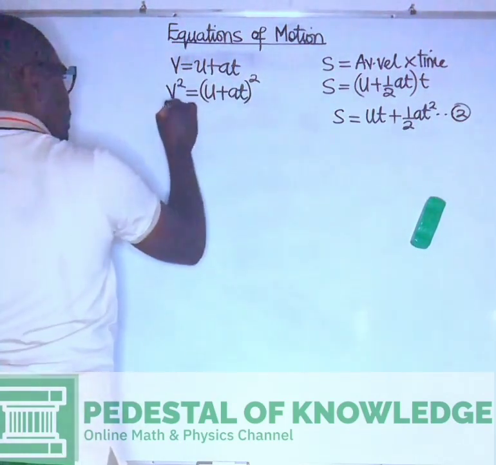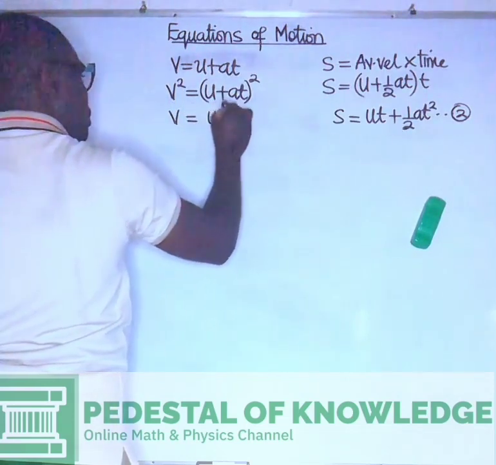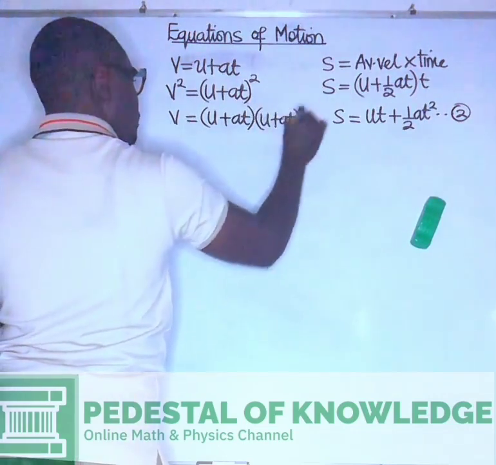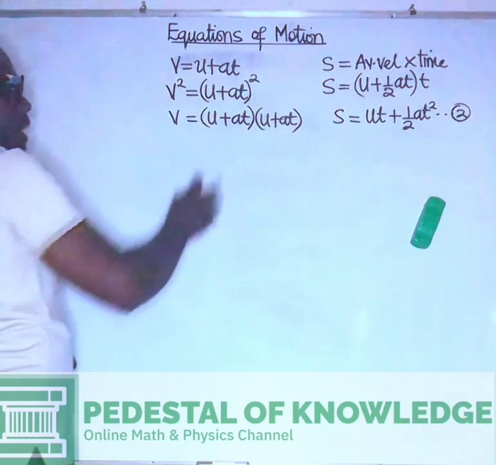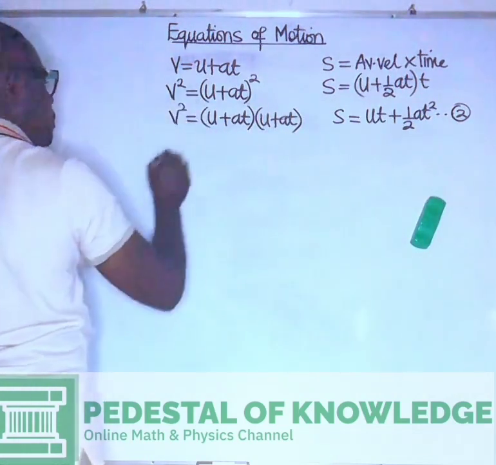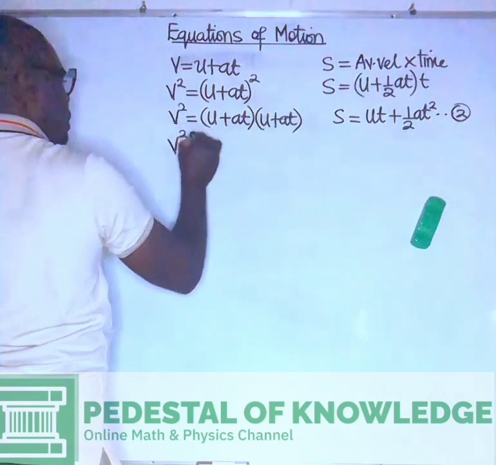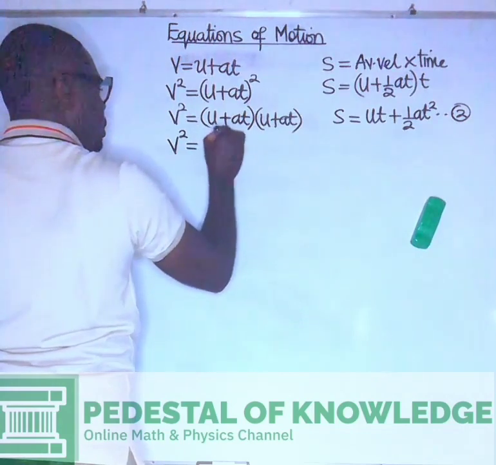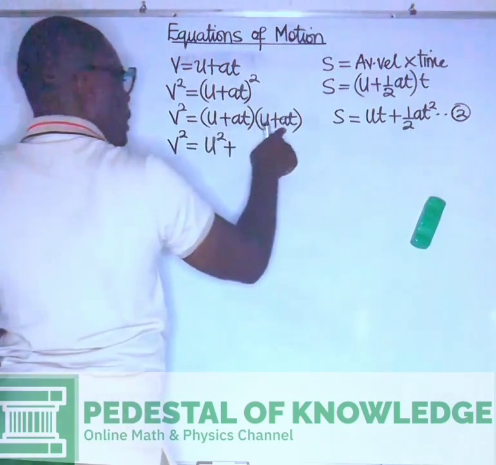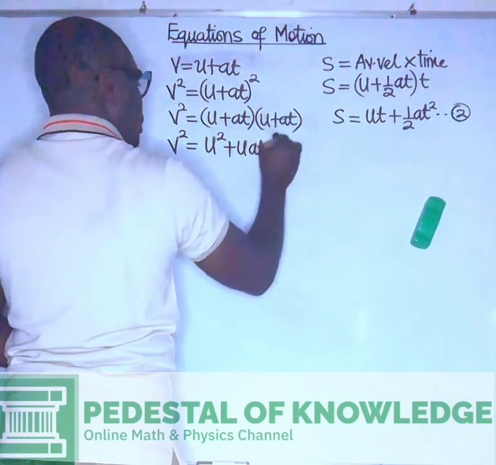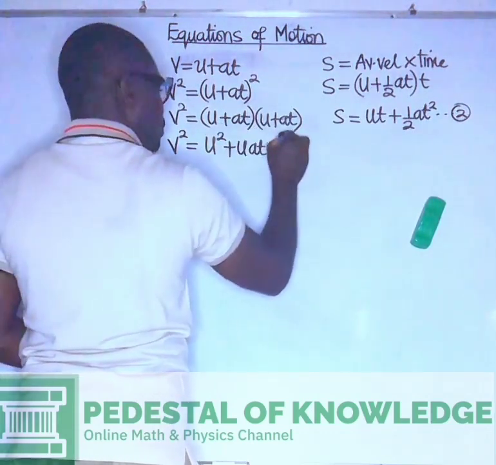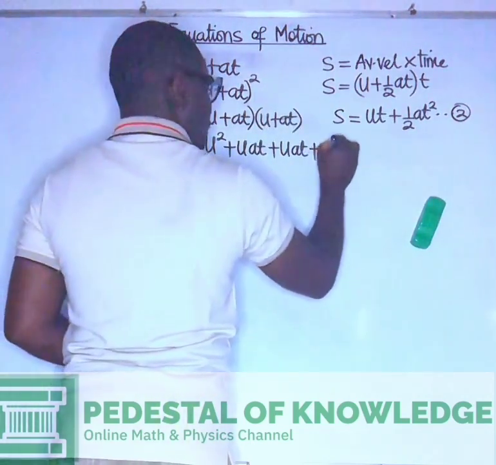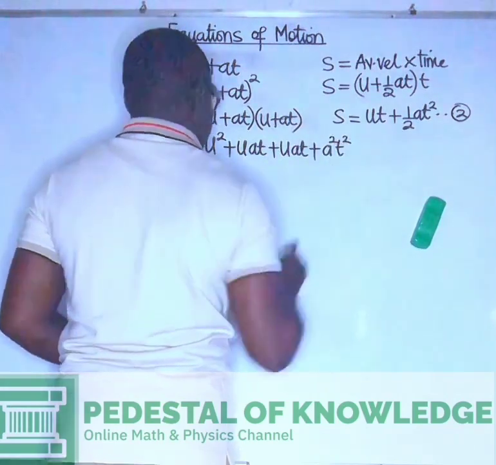And this is equal to u plus at into u plus at. Okay, now when we expand this bracket, we're going to have v squared is equal to u times u will give us u squared plus u times at will give us uat plus at times u will give us uat plus at times at will give us a squared t squared.